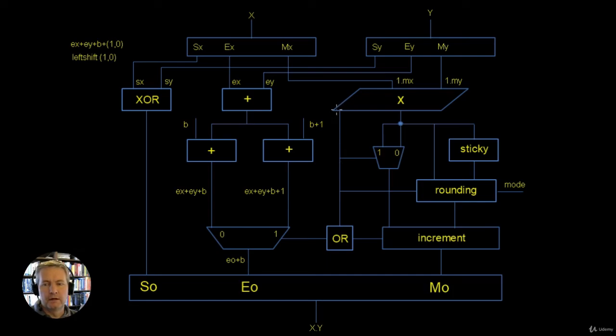So if it's a 1 at the 48th bit, we know we're going to choose the left shift plus 1, and if the 48th bit is a 0, we're not going to left shift, so the left shift in effect will become a 0, and this is the output we're getting here. So let's go back in and we'll finish this off.